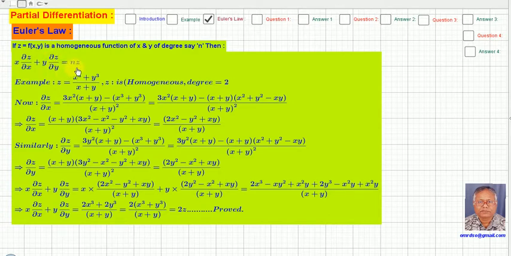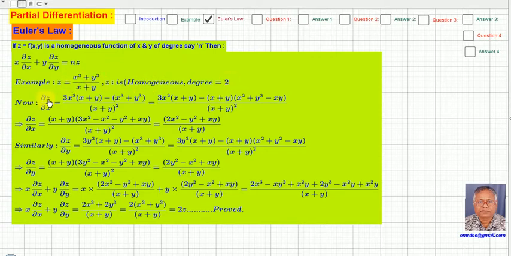It is Euler's theorem. For example, z is equal to (x cube plus y cube) upon (x plus y). Obviously z is a homogeneous function of degree 2.